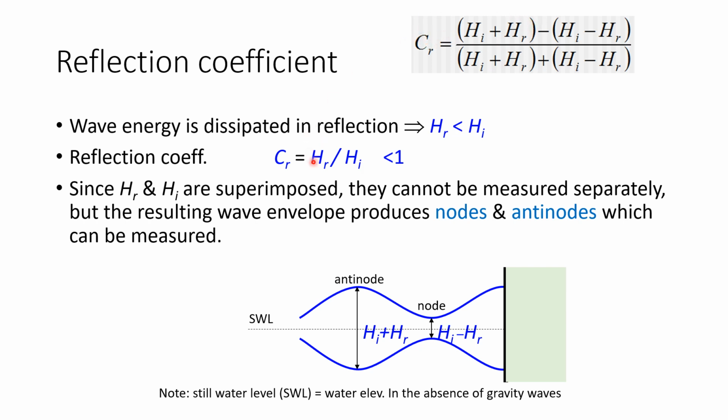In the denominator, we have HI plus HI, so we have 2HI, and HR minus HR cancels off. So essentially this equation simplifies to 2HR over 2HI, which is HR over HI. This is the definition of the reflection coefficient, the reflected wave height compared to the incident wave height. But we use this form because we can only measure the antinode and the node. We cannot measure HR directly, and we cannot measure HI directly.